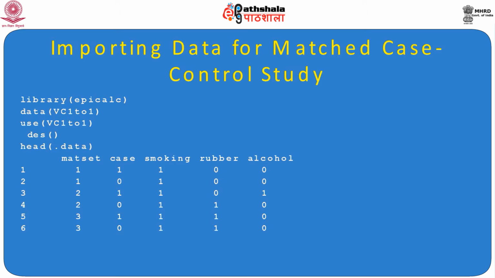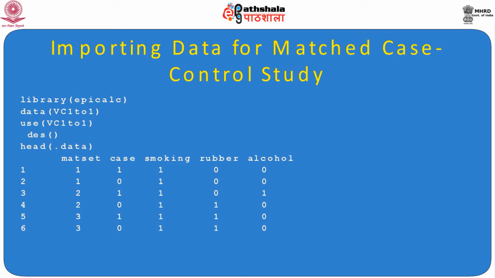So, matchset basically stands for matching set, and for 1 to 1 information is there, and the second column is case. If the patient is present as case, then it is given as 1, otherwise 0, and thereafter the status of those patients: if they were smoker, then it is given as 1, otherwise 0, and in the same way the dichotomous variables rubber and alcohol are also considered.